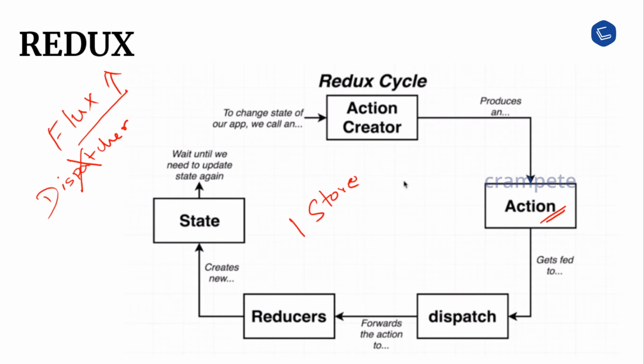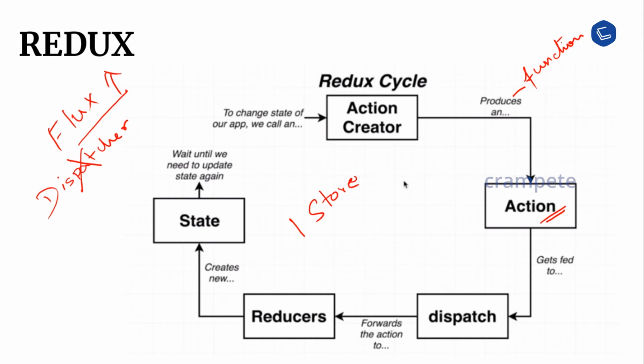Here you can take a look. It is a simple Redux cycle. Let me explain. Action creator: it's a function that creates an action. Action: it's an object that contains information about how we want to change some data within our central state.